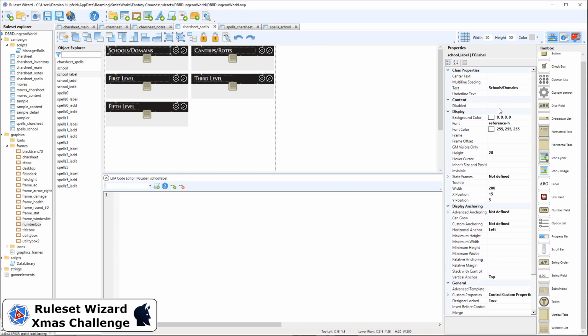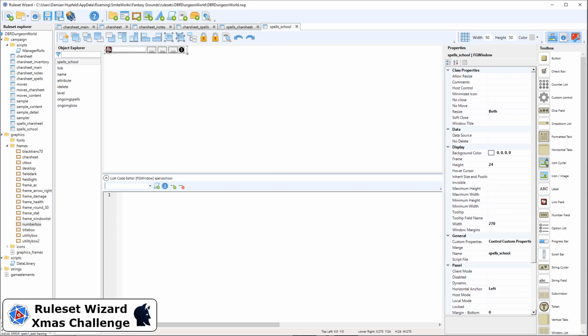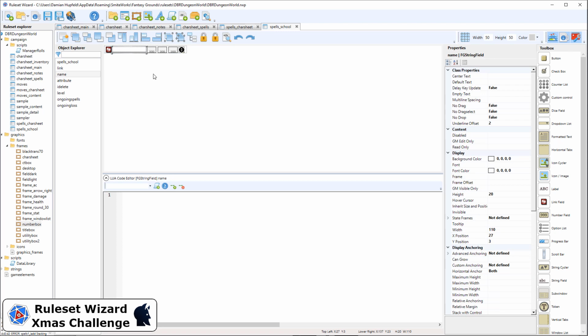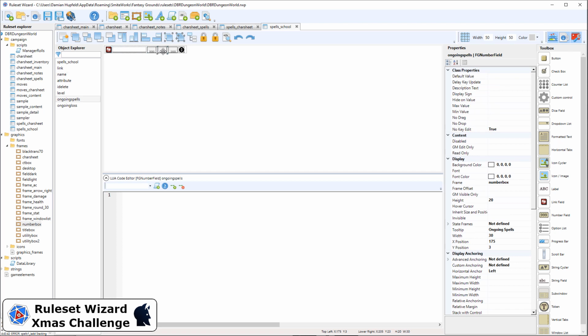We might as well have a look at the spells school. What we've got here is the link, the name, and the level, and then these are for ongoing spells, so the minuses you accumulate for that, and this is one for where you accumulate for your fails.